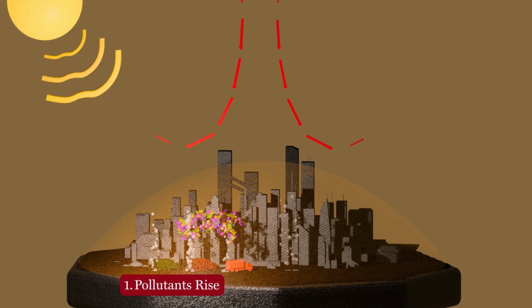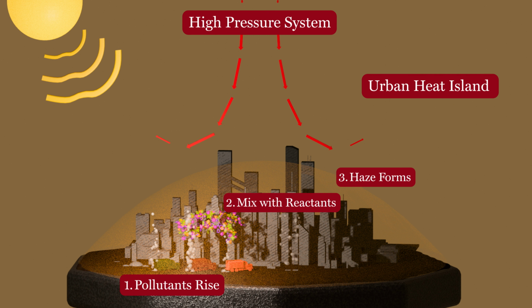Additionally, industrial pollution from power stations, oil refineries, and factories emit large amounts of sulfur dioxide, VOCs, and particulates. To make matters worse, the urban heat island effect, where cities trap heat and slow air circulation, can intensify smog conditions.